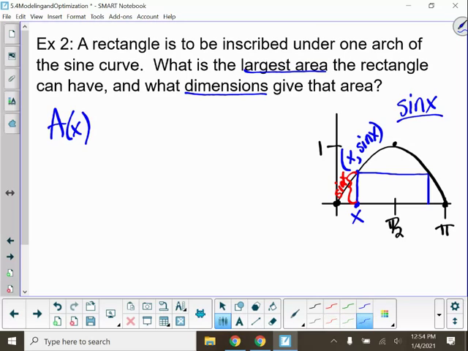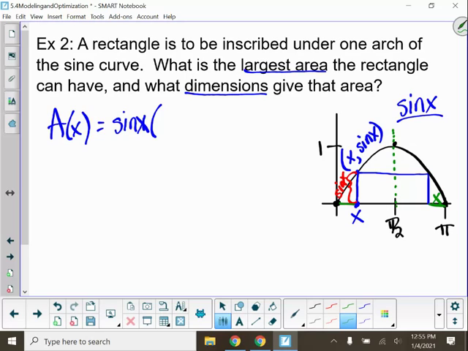That's the first thing that I can use for my area. So sine of x times whatever my length is. This distance here is x. This distance here is x. Because of the way that sine is, the sine reflects, this would actually split my rectangle in half, which means this distance also has to be x.